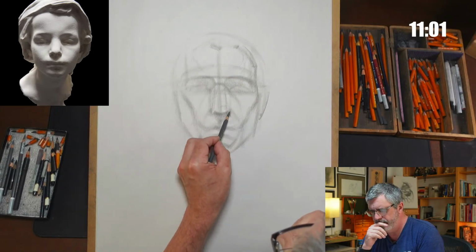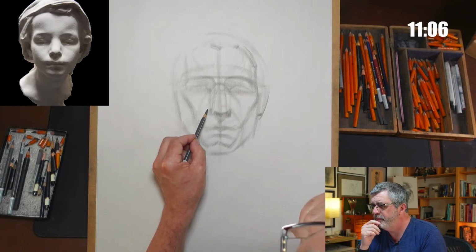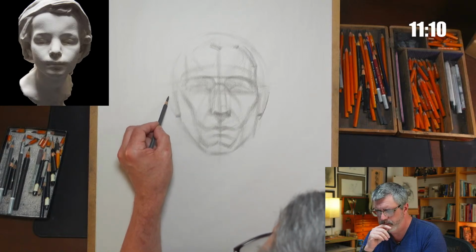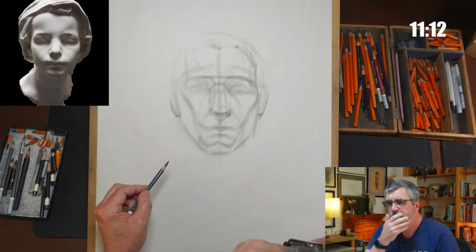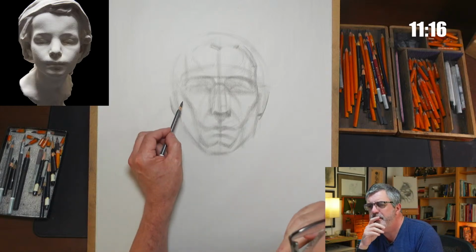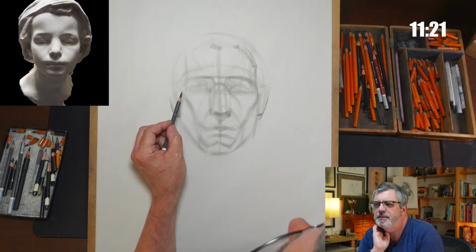Here. The muzzle, yeah, I think it has a technical term too.